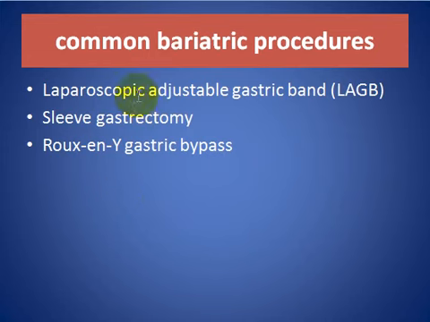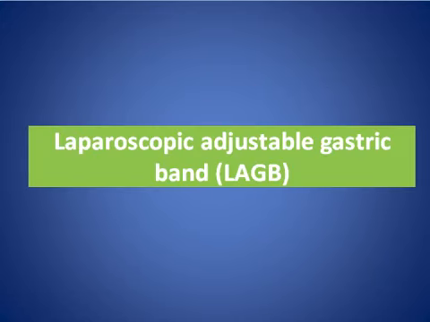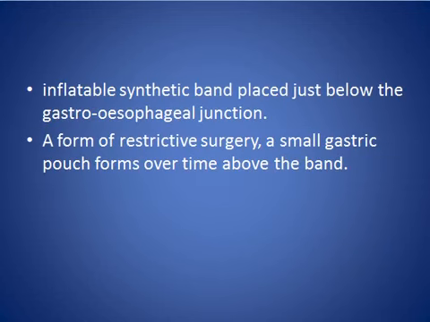Here we have the common bariatric procedures: laparoscopic adjustable gastric band, gastric sleeve, and Roux-en-Y gastric bypass. In the laparoscopic adjustable gastric band, there is an inflatable synthetic silicone band placed just below the gastroesophageal junction.